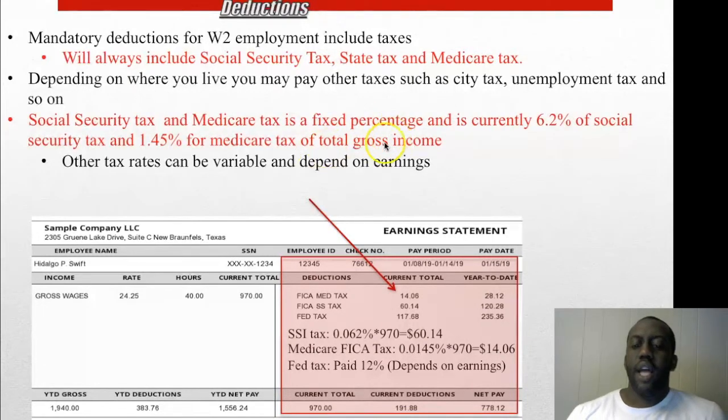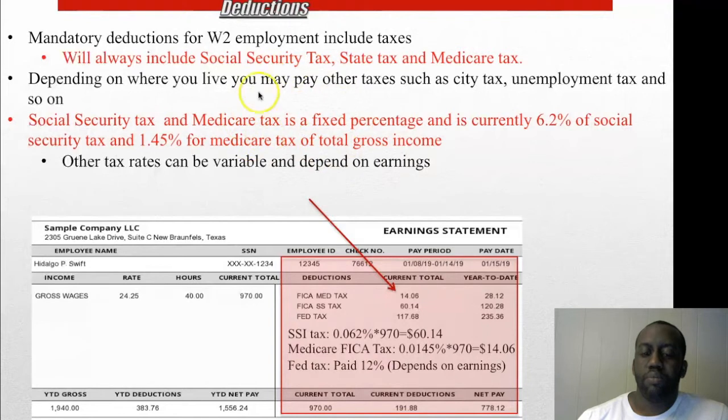Now take note that the Social Security tax and the Medicare tax are a fixed percentage. This means that on all your earnings, you will pay a percentage that is the same. So on this pay stub, we can see the person made $970.